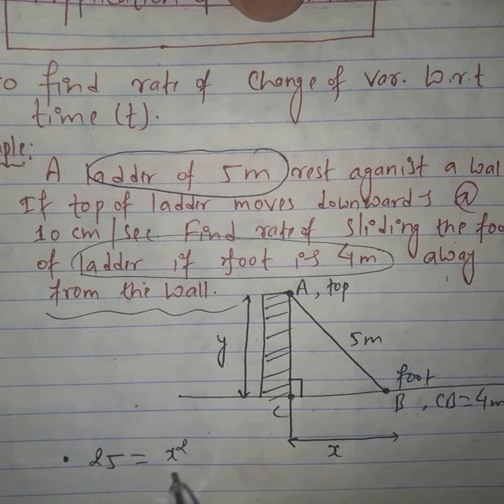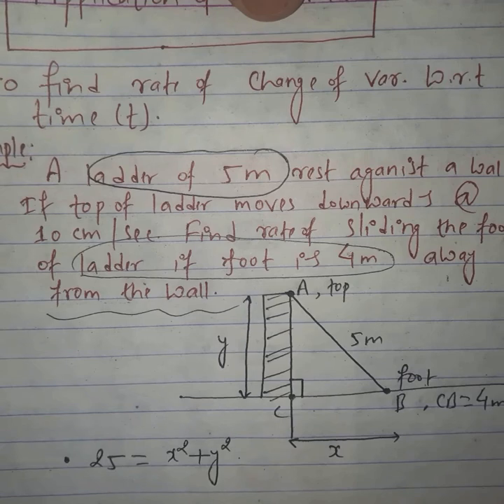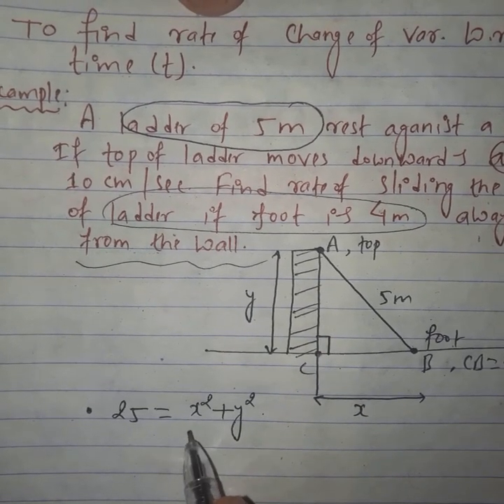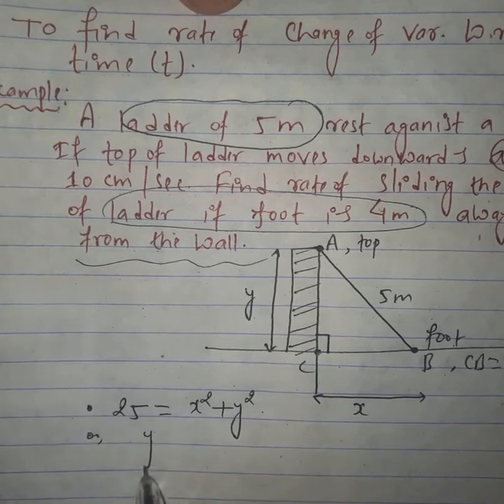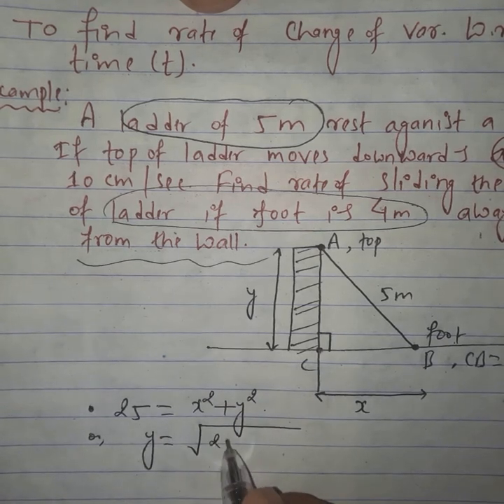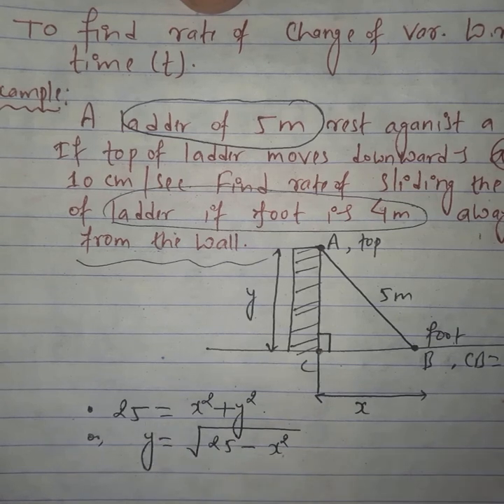So 25 equals x square plus y square. From this expression we can evaluate the value of y as the square root of 25 minus x square, just transposing x square to the left hand side.